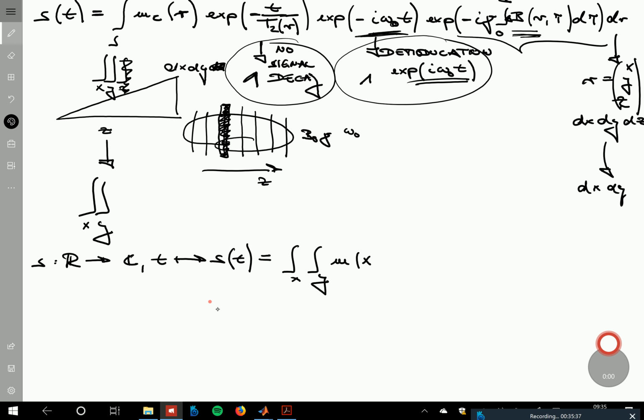Then our M we will now write as Mxy. What this is, I will tell you in a second. And because we got rid of our exponential decay and of our common offset, we have only this thing still there.